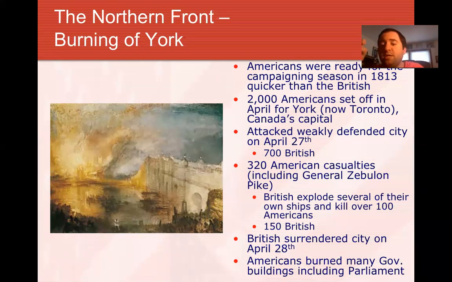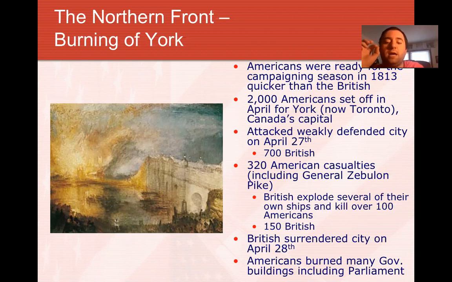When they explode several of their own ships, they kill over 100 Americans. But 150 British are gone as well. So you will realize that you have 700 British impacted initially when the Americans set off into York. 320 American casualties do occur, okay? British explode several of their own ships and kill over 100 Americans, but 150 of the British themselves are impacted.